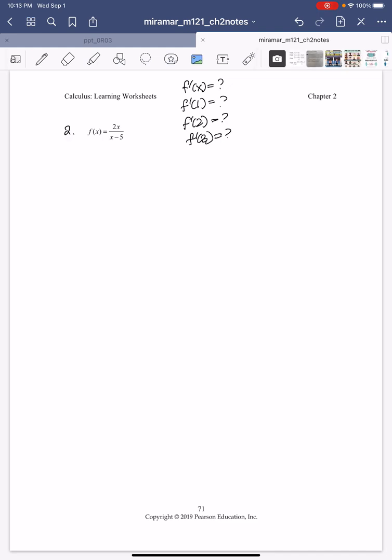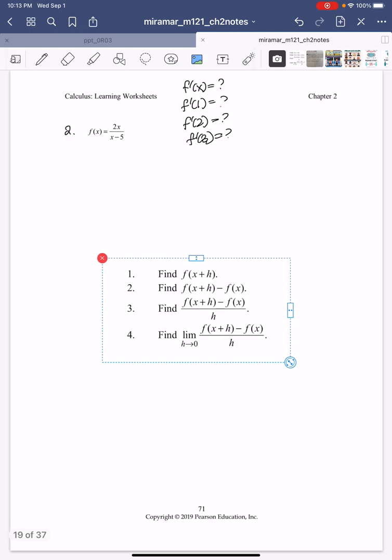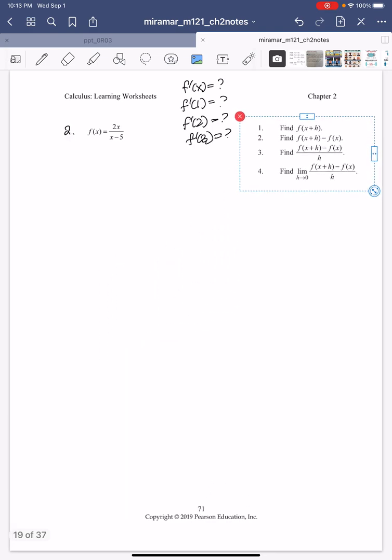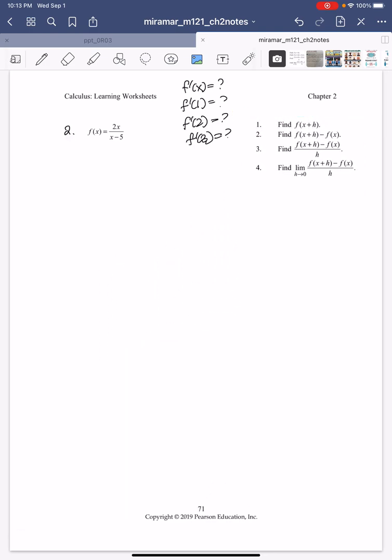So pulling out those 4 steps, I'm going to put them on the side here as a reference, and let's begin with finding f prime of x. So step 1, f of x plus h. Wherever you see x, I'm going to replace it with x plus h.